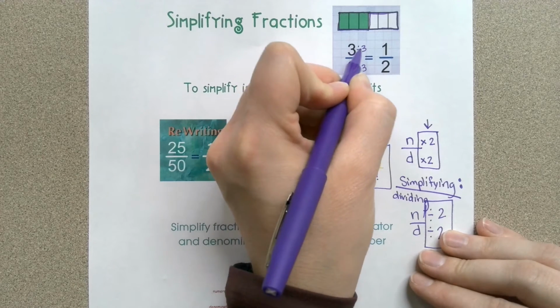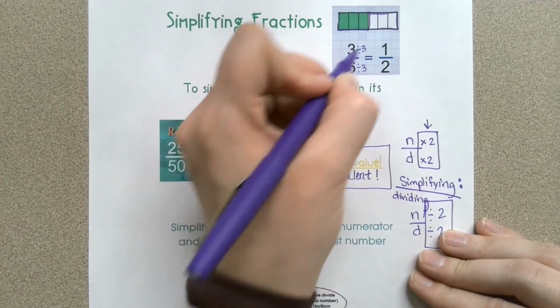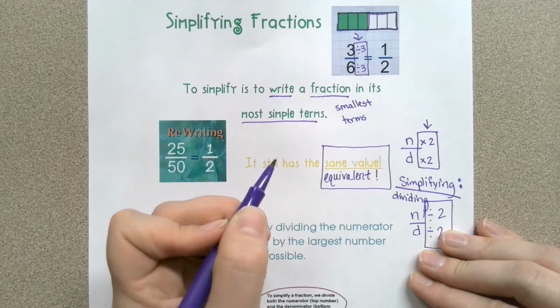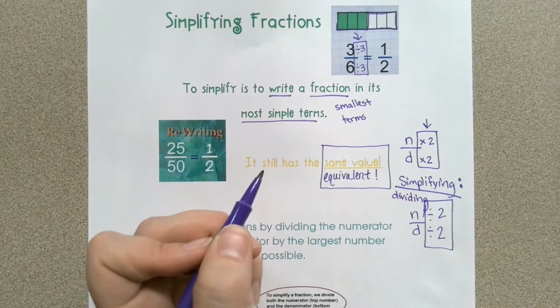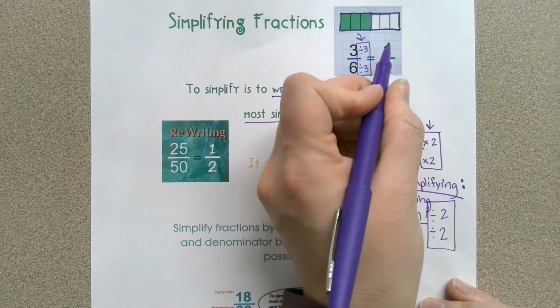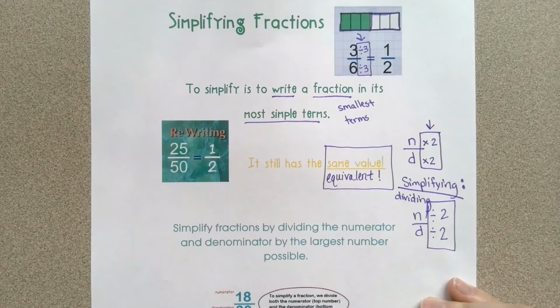And when we do that, 3 divided by 3 gives us 1, 6 divided by 3 gives us 2. As long as this matches in both the numerator and the denominator, we're creating an equivalent fraction that's in smaller terms. Once we get to the point where we can't divide them anymore, that means it's in its simplest form.